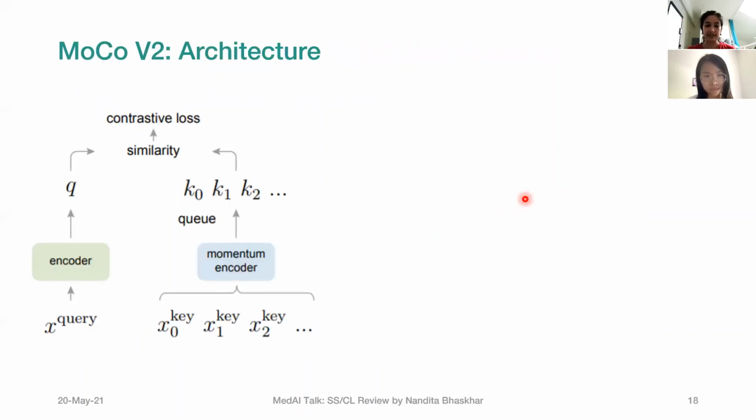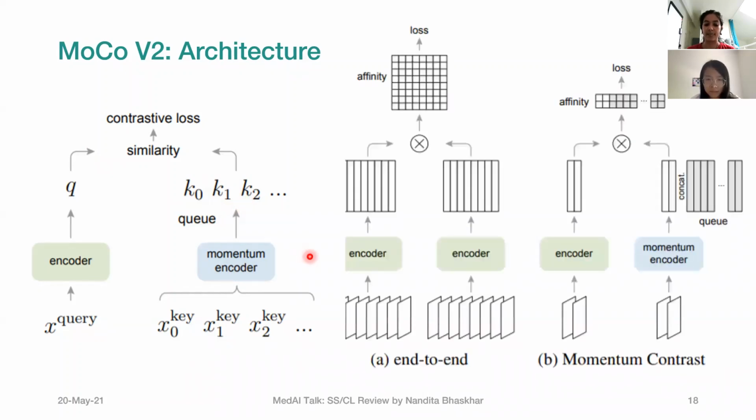Just as we have discussed SimCLR before, the premise is pretty much the same. So you have an encoder, and then you pass in an image query through it. You get the representation out, and then you have a bunch of lookups in your dictionary, and then you have their encoded representations, and then you compare the similarity between each of these representations. So just to compare an end-to-end approach like SimCLR versus a momentum contrast approach, in SimCLR, the encoder is the same encoder, like Imran asked before.